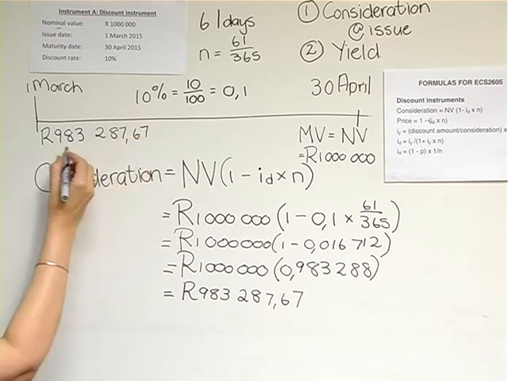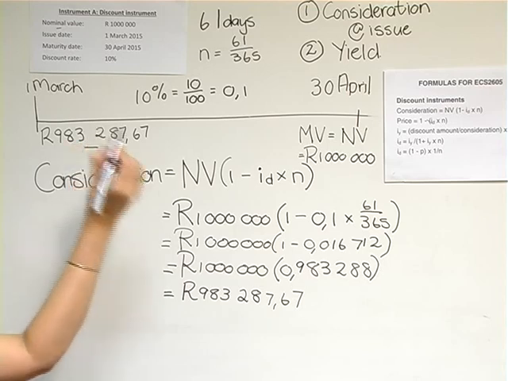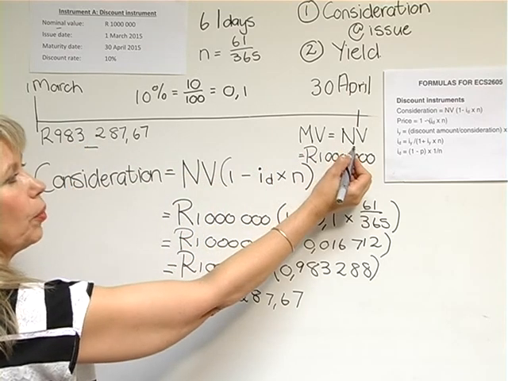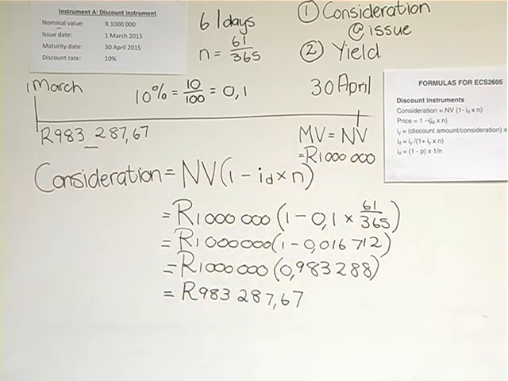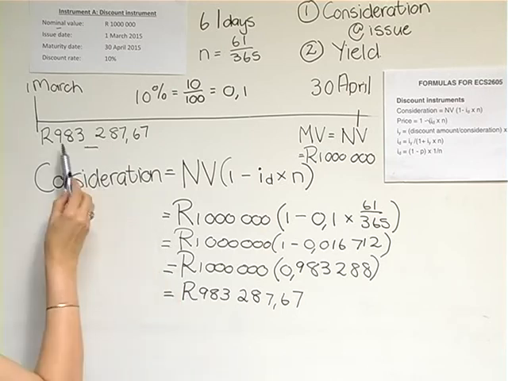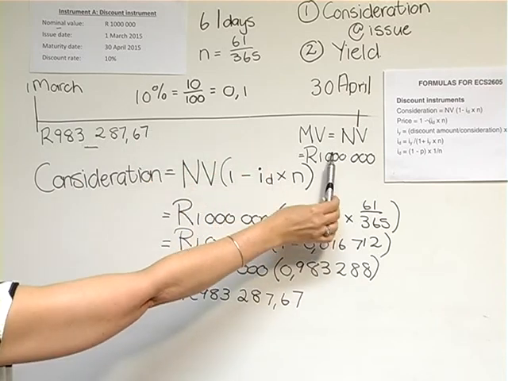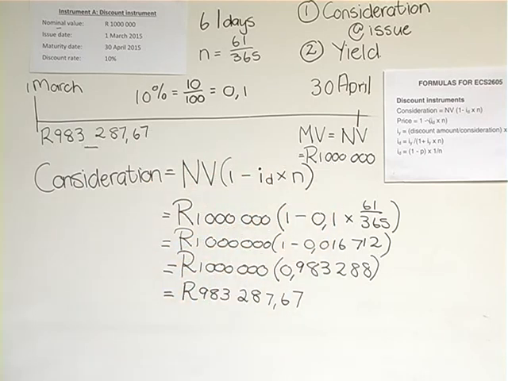You can see that this amount is less than the nominal value which is going to be paid at maturity. So the difference between this amount and the 1 million that you are going to receive at maturity, that is your discount. If you want to calculate the discount amount, it's easy.